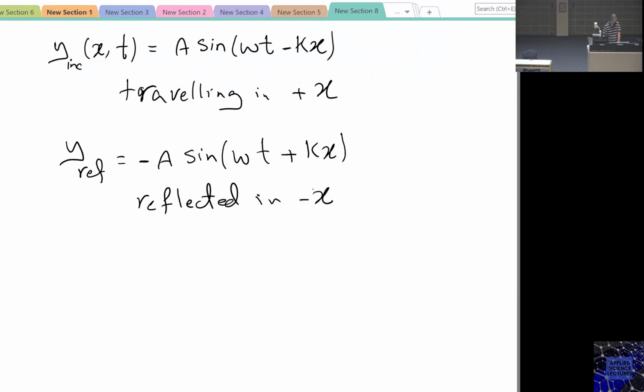Now, if I apply the superposition and add those two functions, I get the total function, also as a function of space and time, that equals y incident plus y reflected.